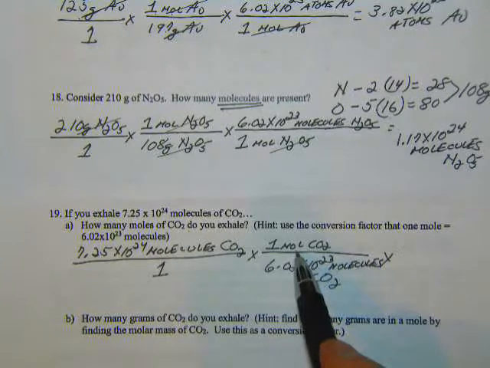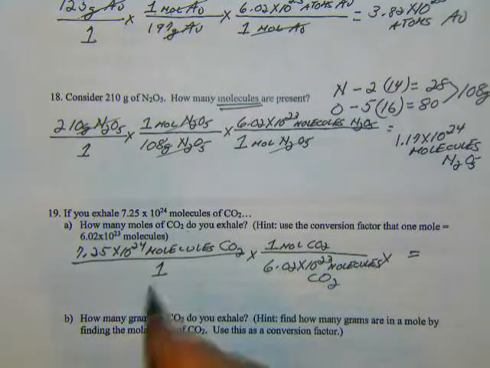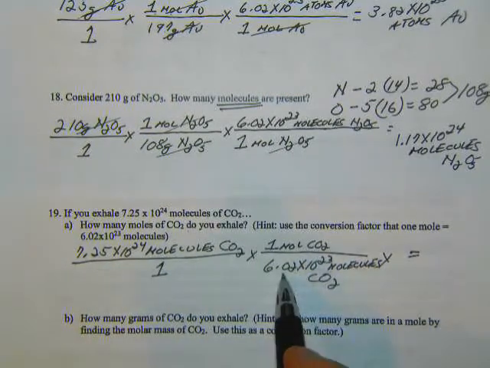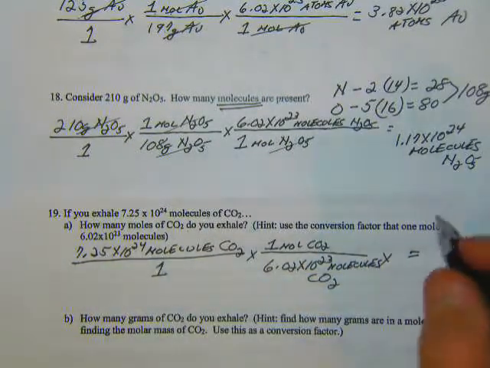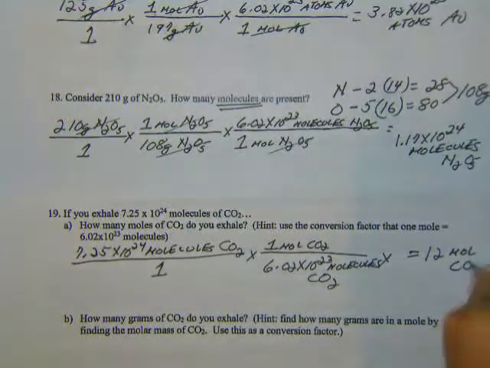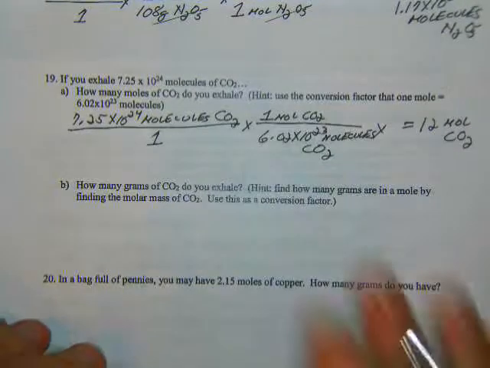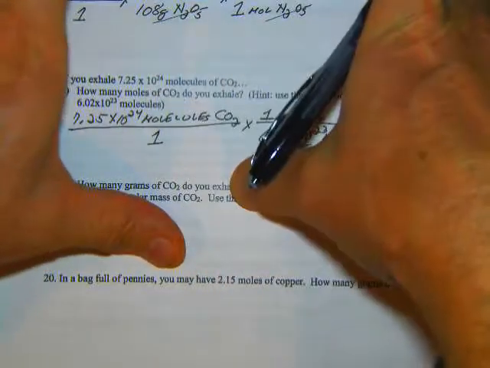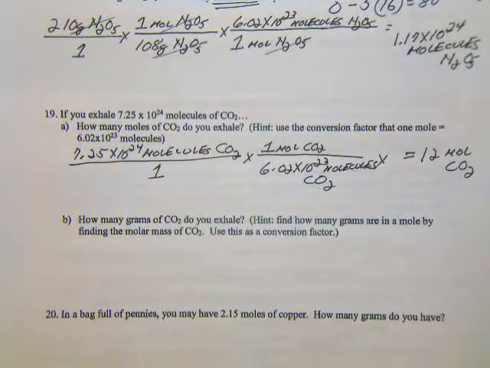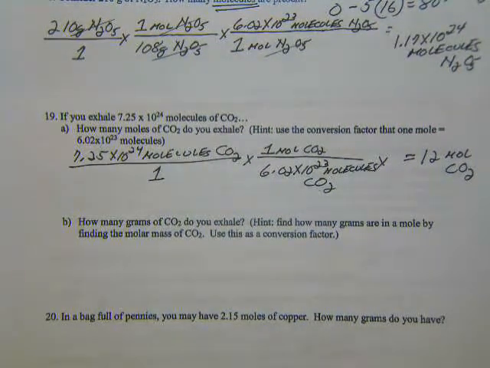We're left with moles of CO2. So multiply numerators, divide by denominators, and that comes out to be about 12 moles of CO2. Once you start seeing the flow of these problems, they're really not too difficult. But especially when you're starting out, make sure you write things out, because when you write things out in the factor label method, it leads you to the correct answer.